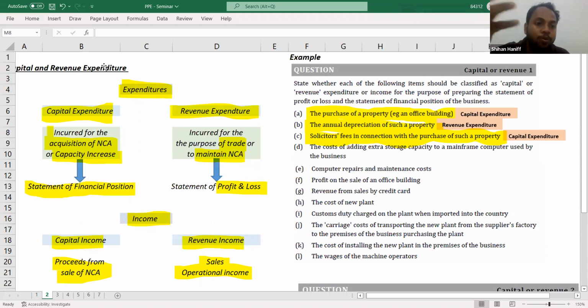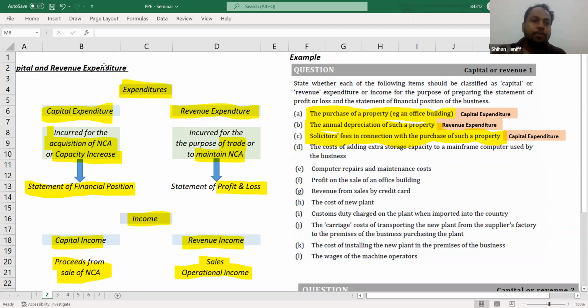And also, let's say you took it to your company, your factory. Then you have an old machine. You have to dismantle the old machine. So that cost, dismantling the old machine, is also capital. Then you have a fixing charge. That cost is also capital, right? Until you fix that machine, all the costs related to the machine.